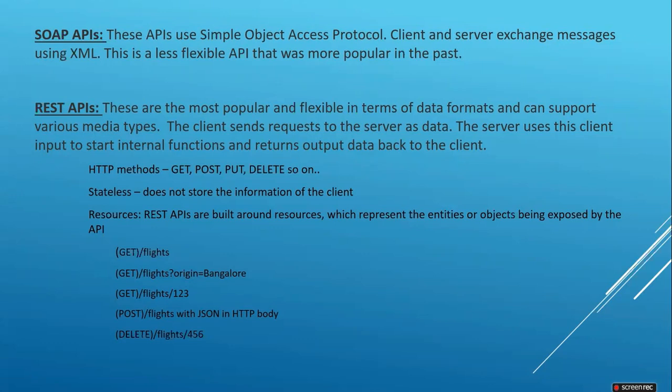This is the most popular and flexible type of API. It supports different data formats like JSON, text format, and it also supports XML. These APIs have HTTP methods to indicate the type of operation to perform, like create, update, delete, or insert.